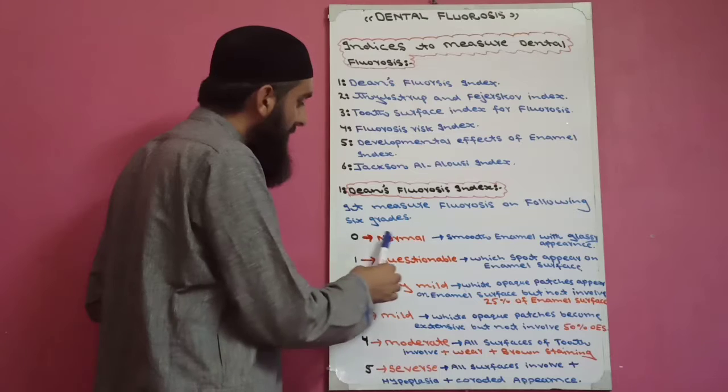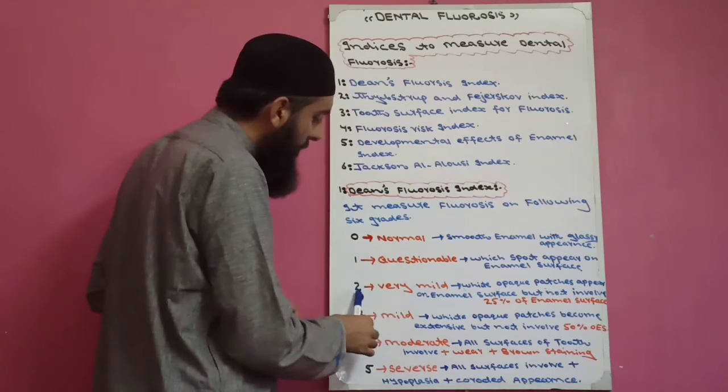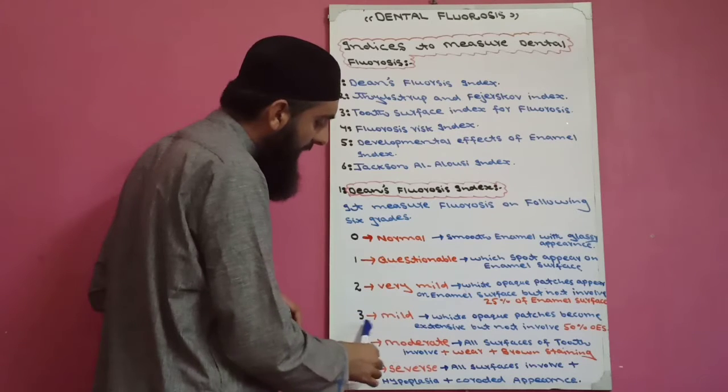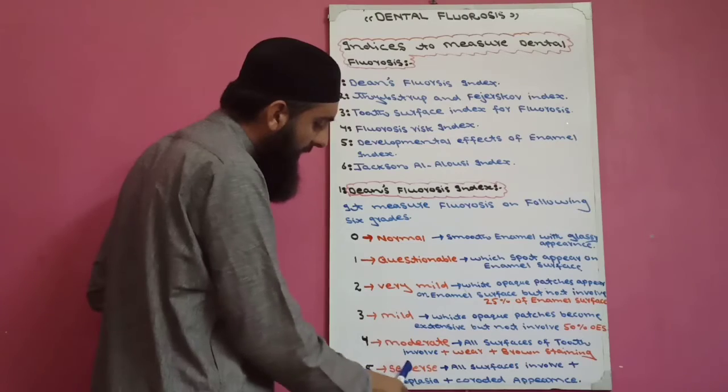Grade 0 means normal, grade 1 means questionable, grade 2 means very mild, grade 3 means mild, grade 4 means moderate, and grade 5 means severe.